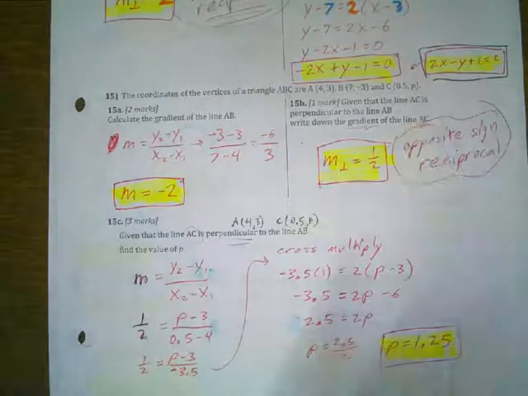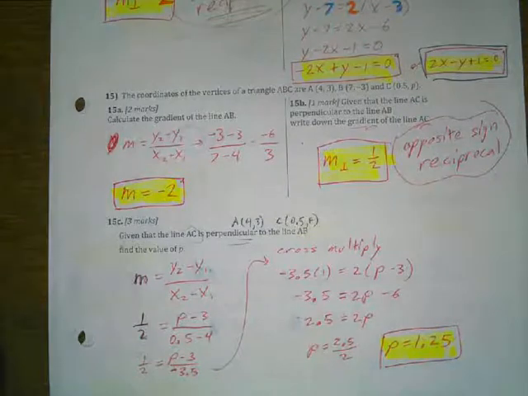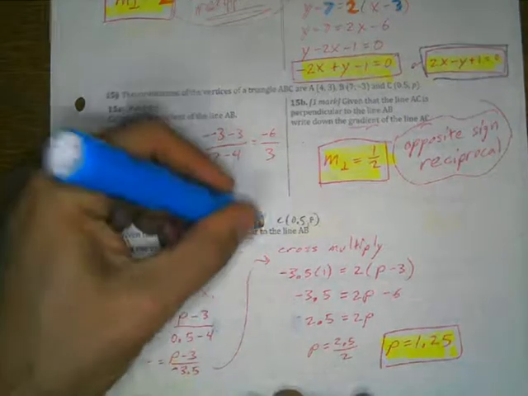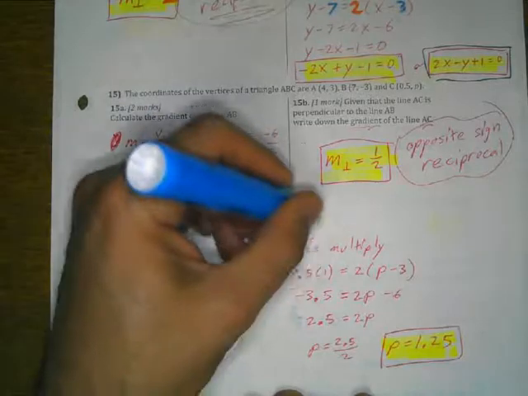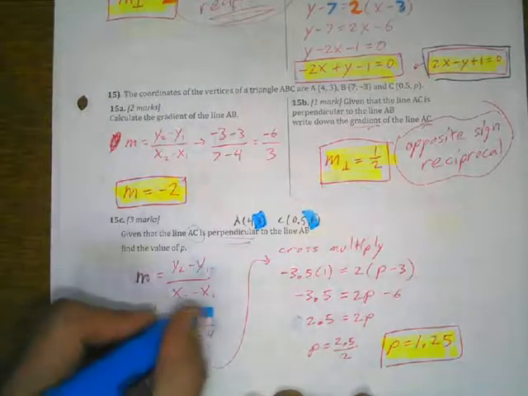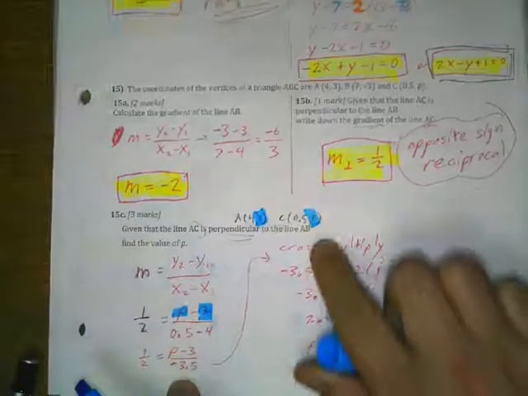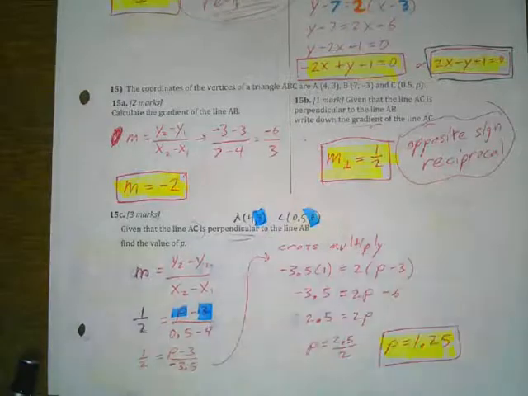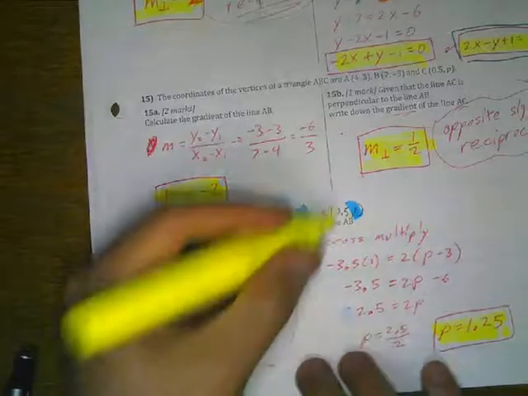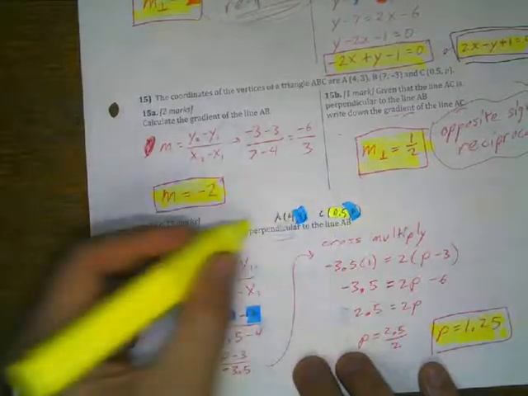Right? So the y values are 3 and p. So p minus 3. And the x values are 0.5 minus 4.